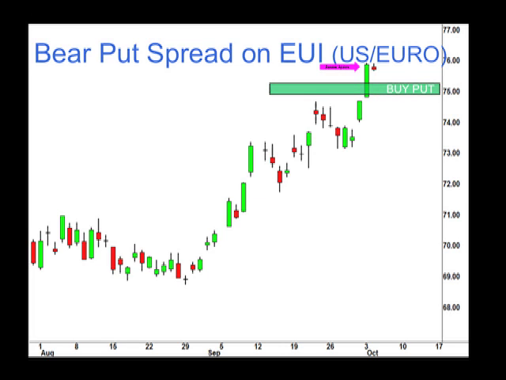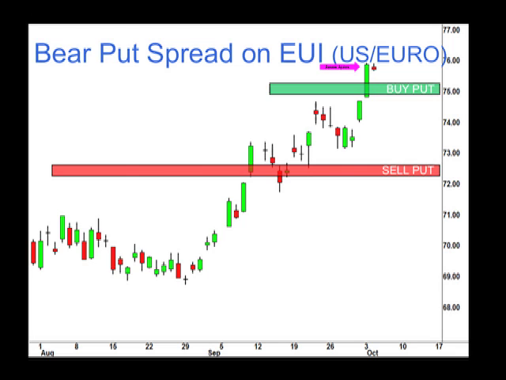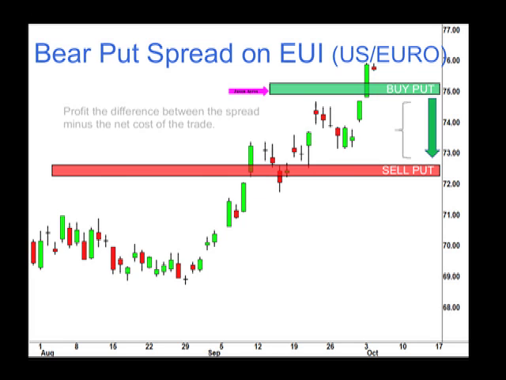We want to capitalize on a drop in the EUI, but we understand that, of course, once again, option contracts are relatively expensive. So the idea was that we could go in and buy a put option at the 75 strike, but then turn around and sell off a put option down around the 72.5 level, capitalize on this move to the downside, and that may just be a retracement or it may be an all-out change in trend.